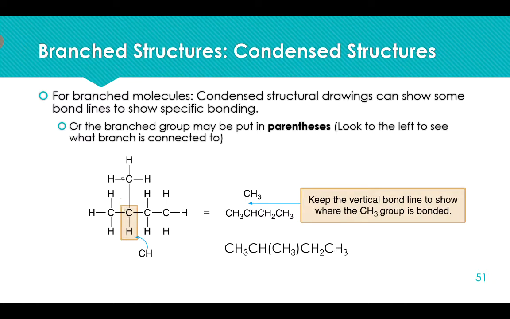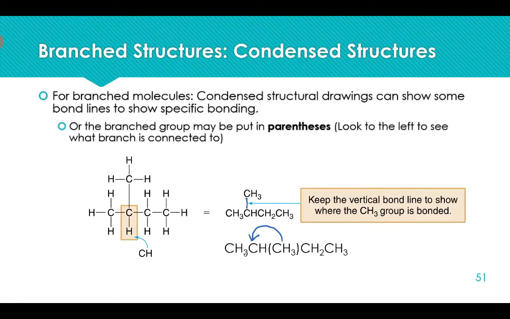Now we can have those degrees of branching, and when we are trying to express our branches in condensed structural formulas, we can either draw the branch up or down to indicate where the branch is located, or we can use parentheses to indicate that that's bonded to the previous carbon.